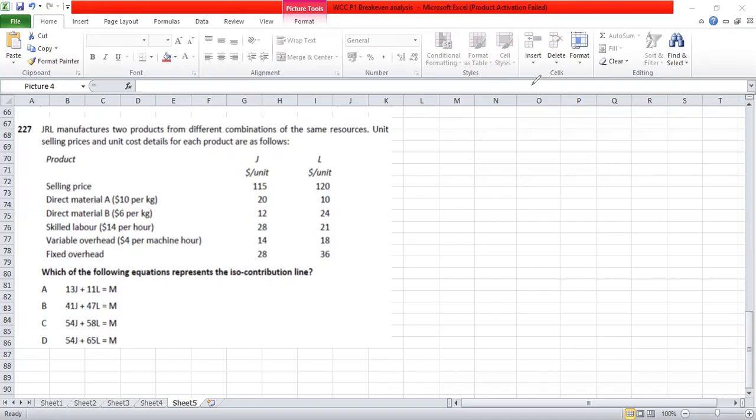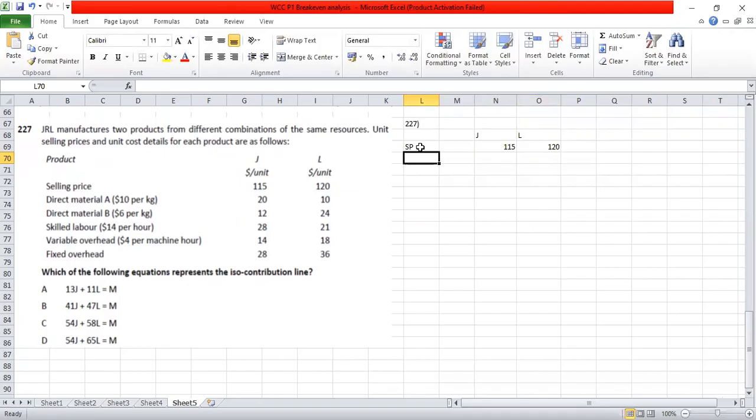First, what we need to understand is identify what is the contribution which is earned for each of these products, J and L. Let's just put this one 227. We have J and L. Selling price is given 115 and then 120.